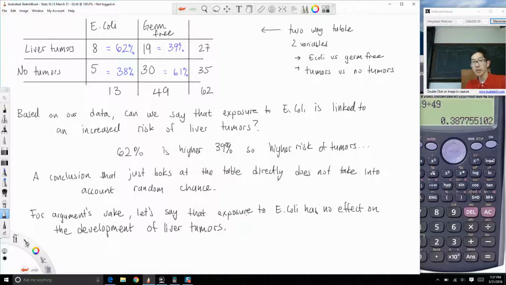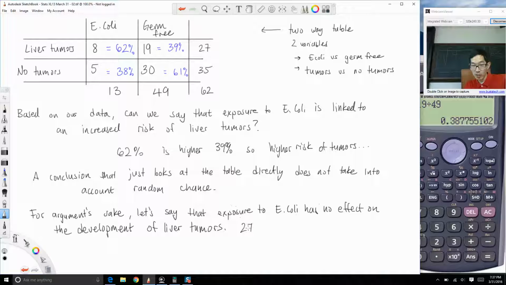Okay, and instead we will just say 27 out of our 62 mice were just predestined to develop liver tumors. Okay, there was a genetic predisposition. They were going to develop liver tumors no matter what, whether they were in the E. coli environment or the germ-free environment. These 27 mice were going to develop liver tumors, and the E. coli had nothing to do with it. Okay, we're going to just say this for argument's sake, okay?